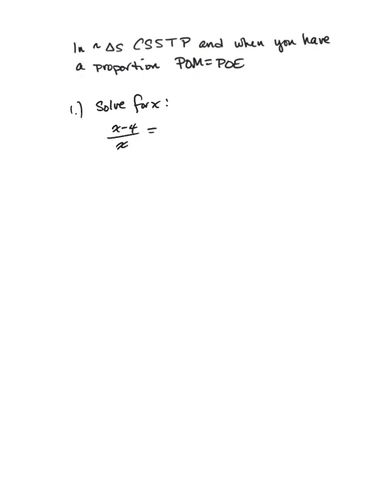So I have this proportion, and I'm going to get the product of the means. So the product of the means is x minus 4 times x minus 3 equals the product of the extremes. All right, oh, the reverse.